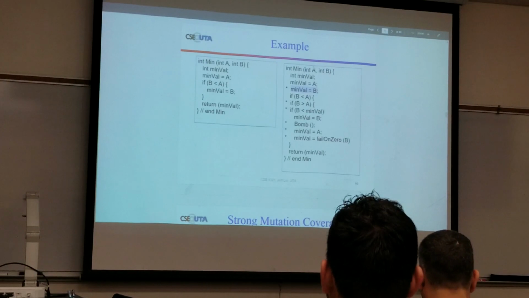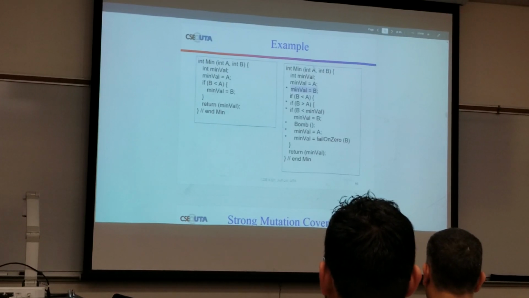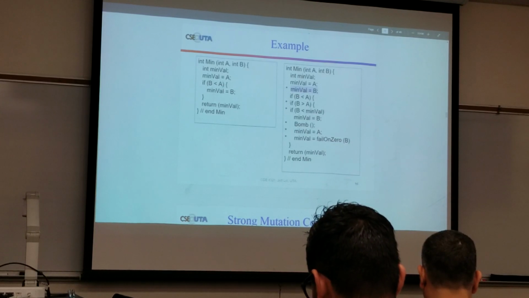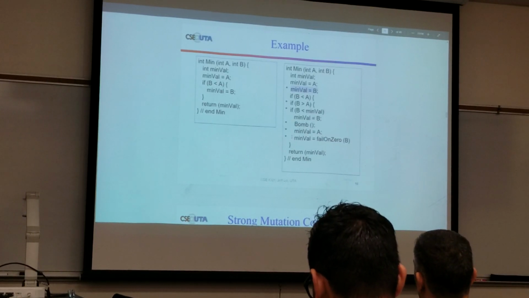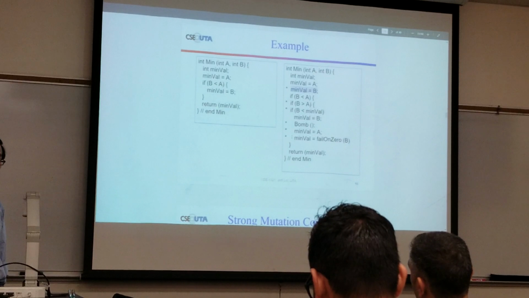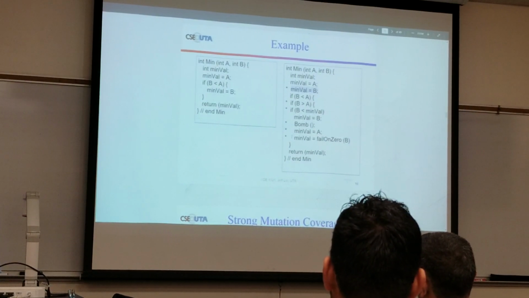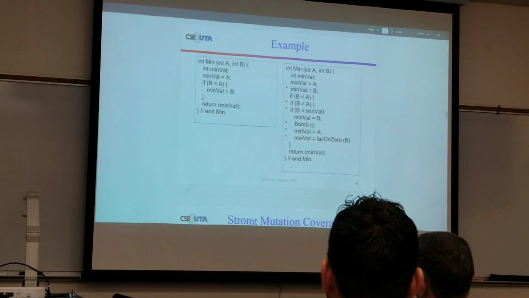That represents one mutant. Okay. So in this example, we could create 1, 2, 3, 4, 5, 6 mutants of the original program. And each mutant, let's look at that. Like, for example, this one.